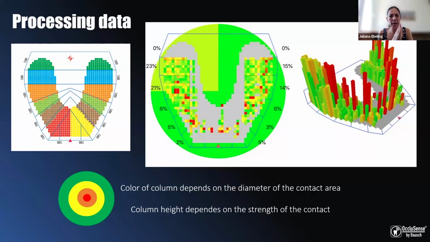So I cannot compare this graphic from one patient with another patient because I'm not using the same reference to calculate this intensity. The system is distributing the percentage among the contacts that the patient in that situation, in that evaluation, is presenting. Okay? So I cannot compare patients from these numbers. And let's understand the importance of occlusal contacts.